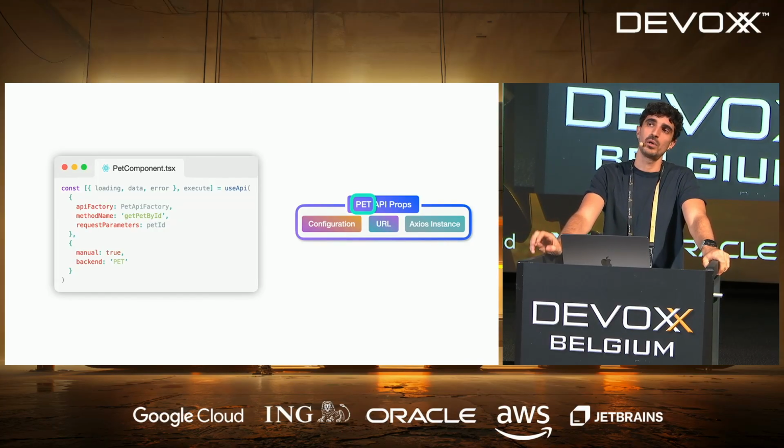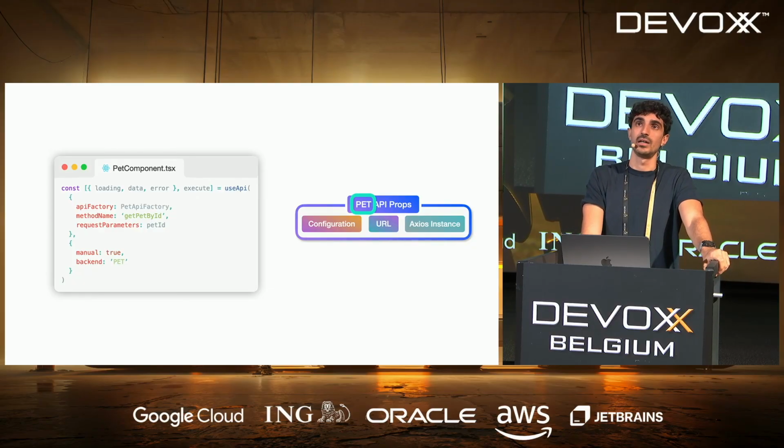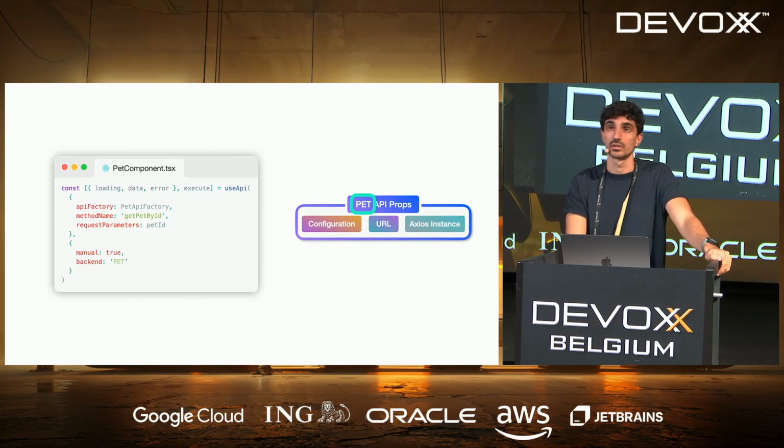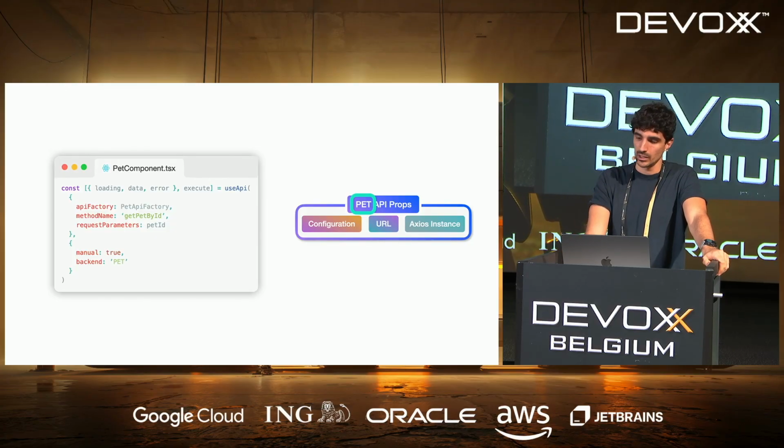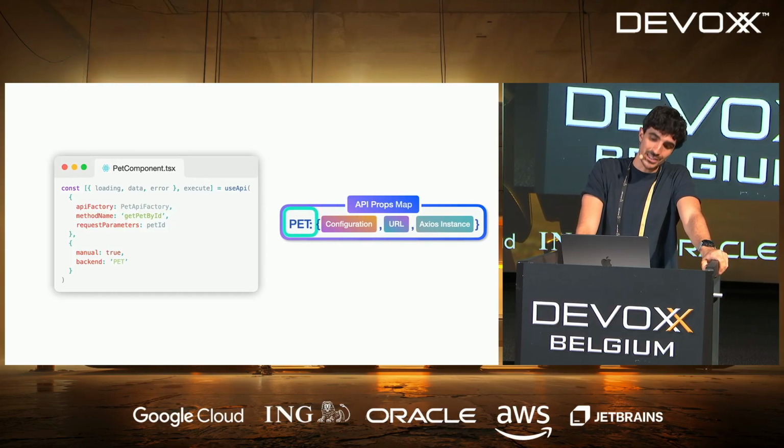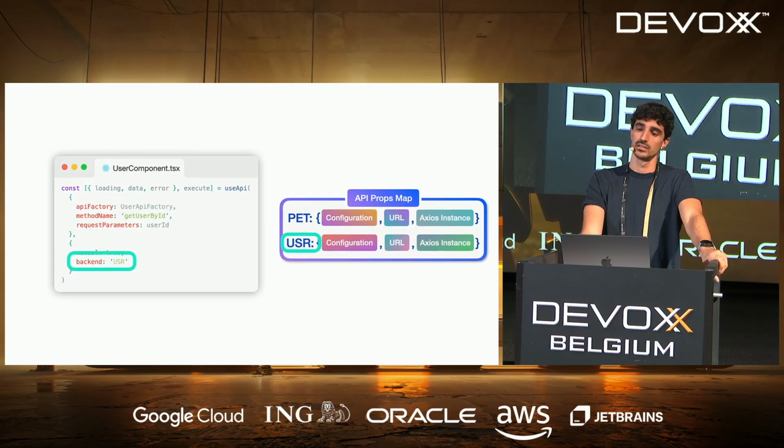But imagine that our React application consumes multiple different services that require different authorization, different, I don't know, Axios configuration. Well, in this case, it's much better to provide it as a map, all right?